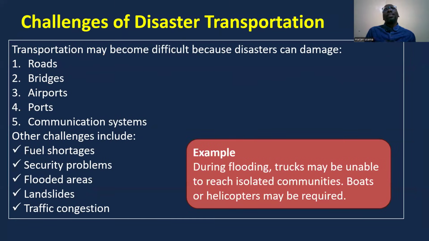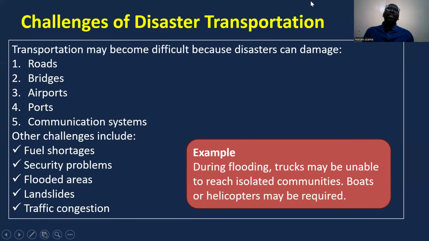What are the challenges of transportation? Transportation will become difficult because disasters can damage the roads, bridges, airports, ports, and communication systems. So transportation becomes difficult because the disaster itself has impacted the infrastructure.